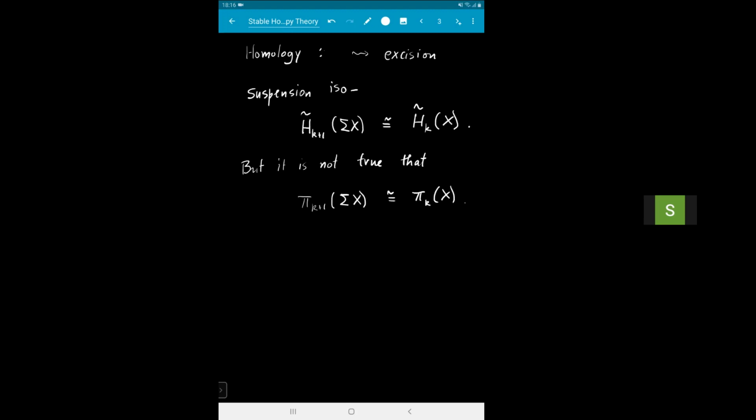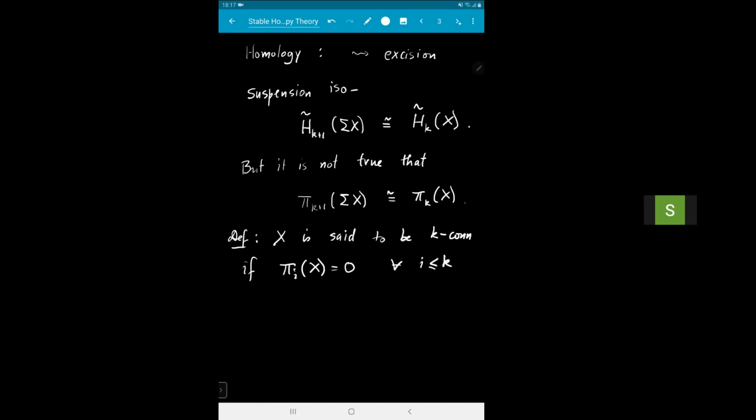So remember, we define X is said to be k connected if pi i of X is 0 for all i less than or equal to k.